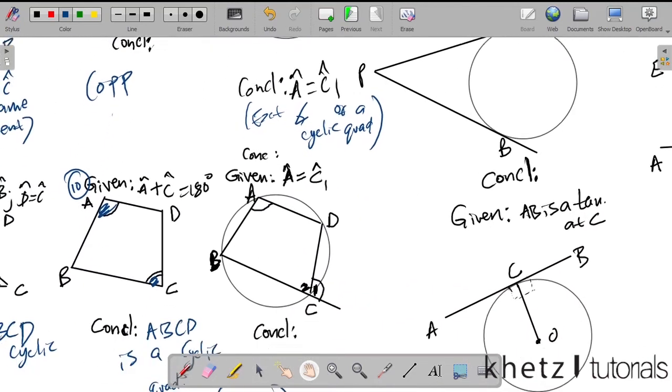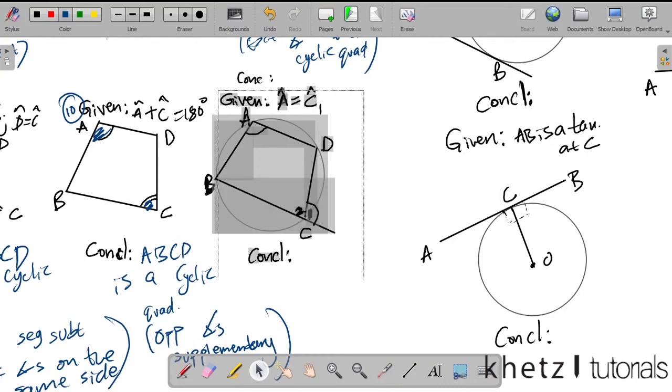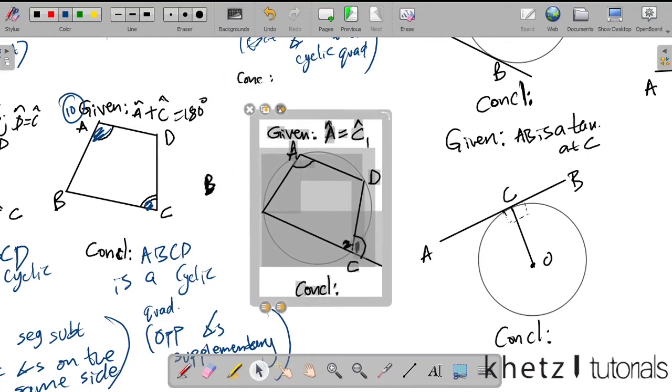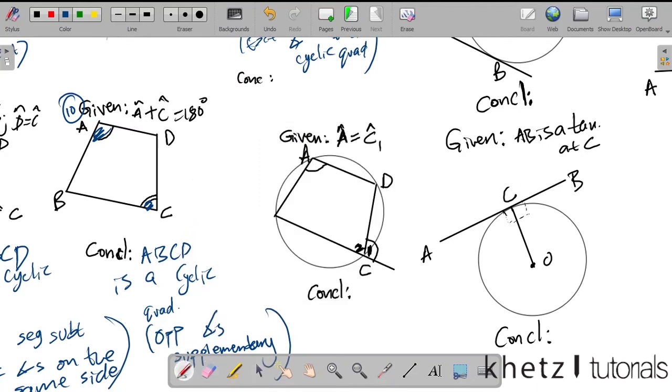So we now move on to a similar one, which is a similar diagram, just that we swap the given and the conclusion. So that is basically all you have to do. You just swap the conclusion and the given statement. So basically here we're given the previous conclusion. So given that A is equals to C1 over there, right? And so those two are equal.